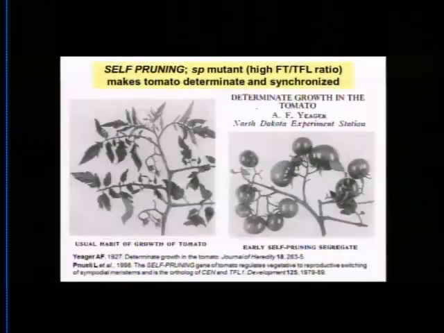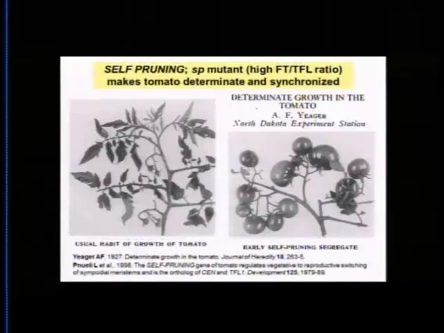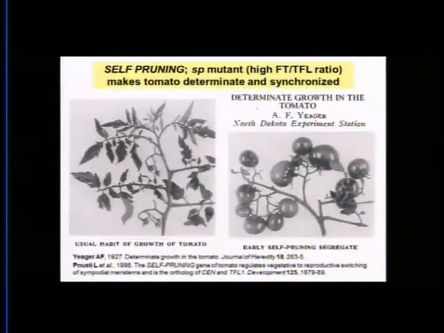Now in 1927, an allele was identified called self-pruning, which is the same as terminal flower in Arabidopsis. What this mutation does is cause all of these indeterminate meristems to convert to determinate meristems. Why is that good?